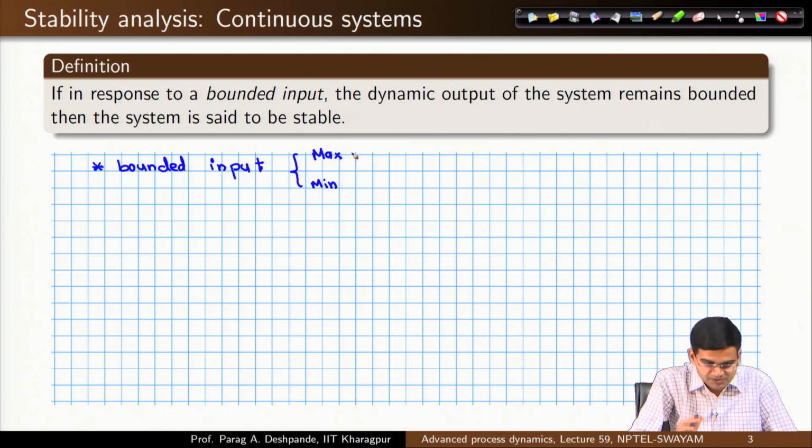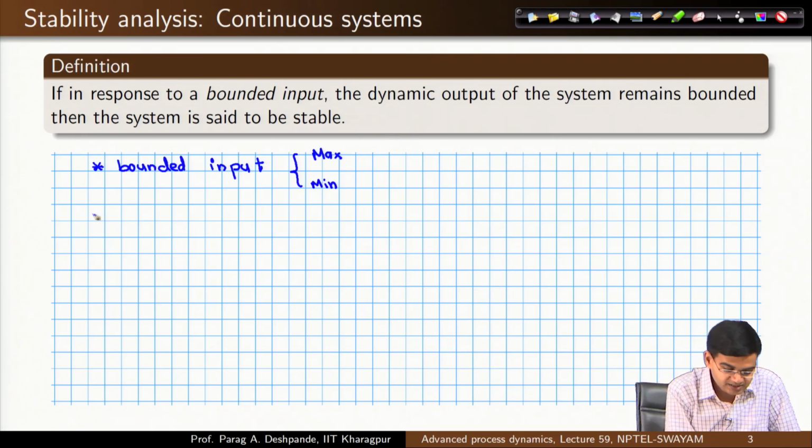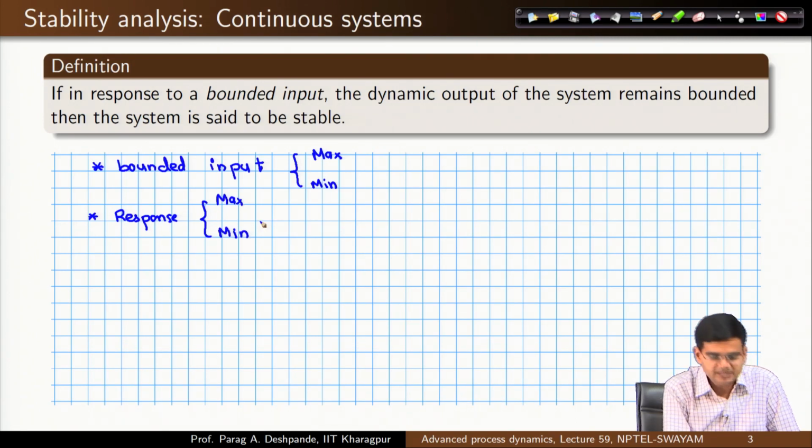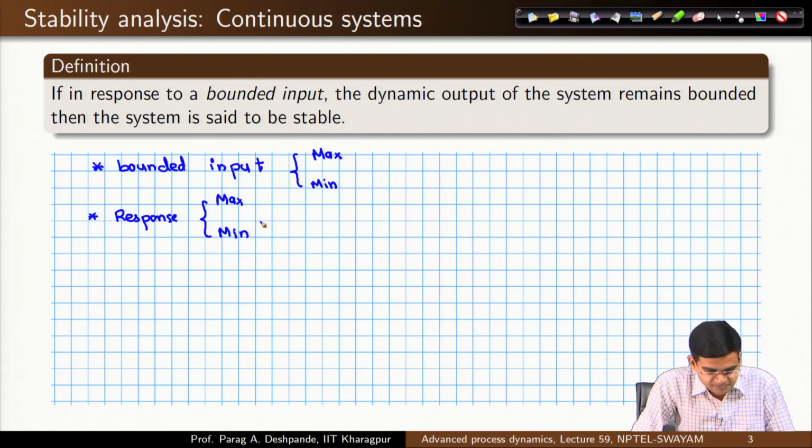So, if in response to a bounded input the dynamic output of the system remains bounded, which means the response also is bounded between maximum and minimum, then the system is said to be stable, otherwise unstable. If we understand the meaning of bounded input, obviously the meaning of a bounded response would follow.